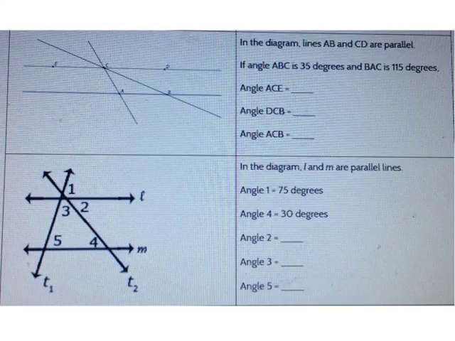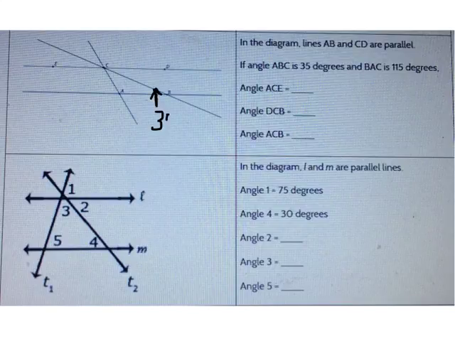Let's do another. In the diagram, lines AB and CD are parallel. If angle ABC is 35 degrees and BAC is 115 degrees, what are angles ACE, DCB, and ACB?